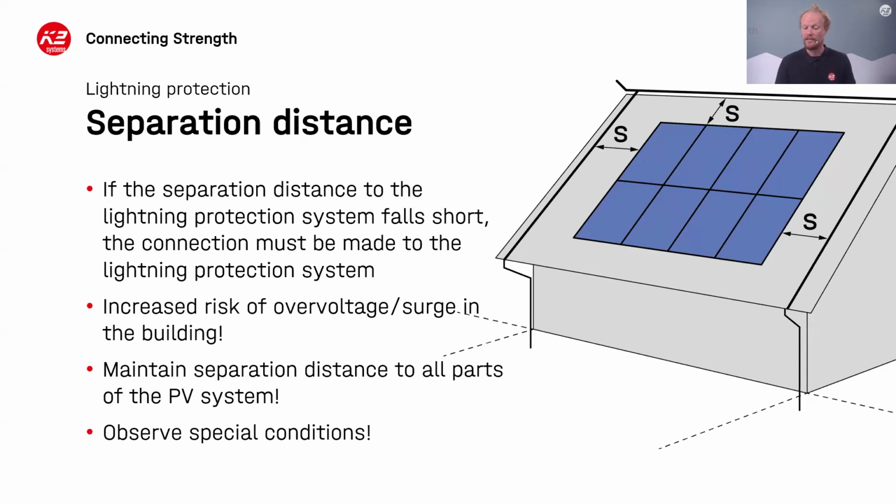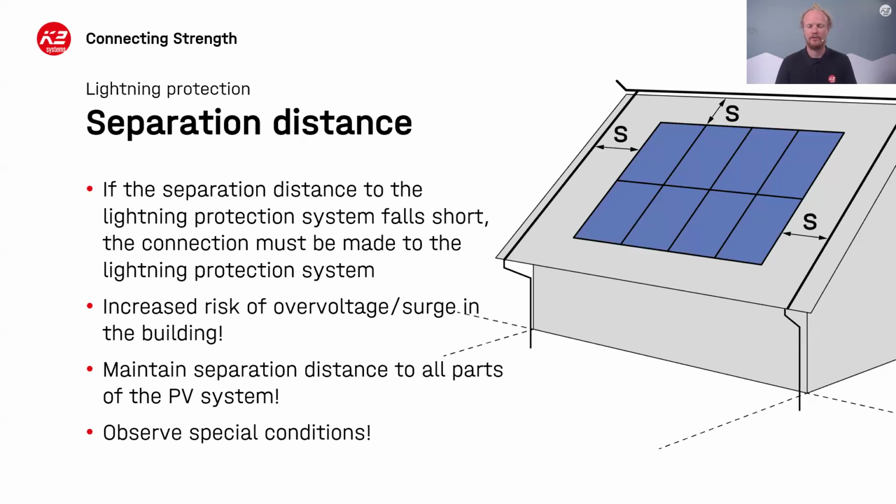There are quite a few things that need to be taken into account when connecting the two systems, or even just under the idea of connecting the two systems. Part of it is that if the PV system is connected to the lightning protection system, we need to ensure that there's no overvoltage through the DC cables that are going to run into the building.